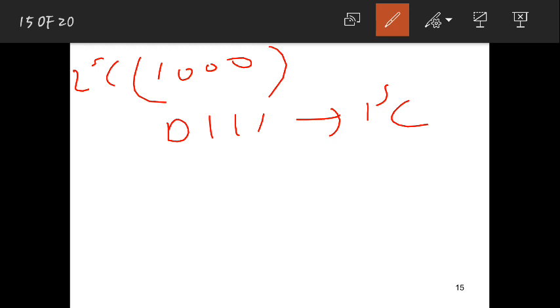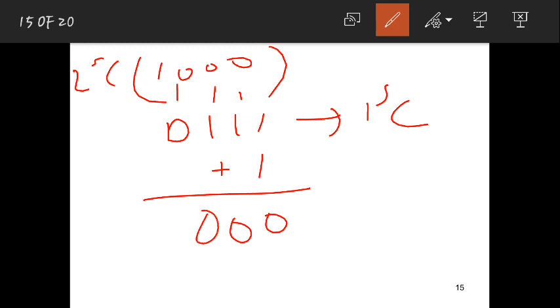After that, you need to add 1 here too. Add 1 means definitely we'll add from the LSB side, right? So 1 plus 1 you will get 0 with carry 1, 1 plus 1 you will get 0 with carry 1, 1 plus 1 0 with carry 1, and you will get 1. Is that fine? Now have you seen what you got? You got 1 0 0 0.